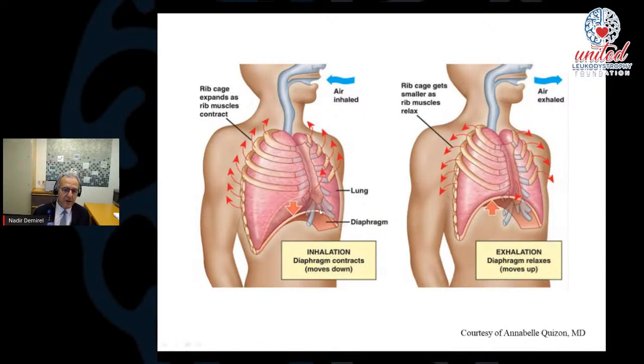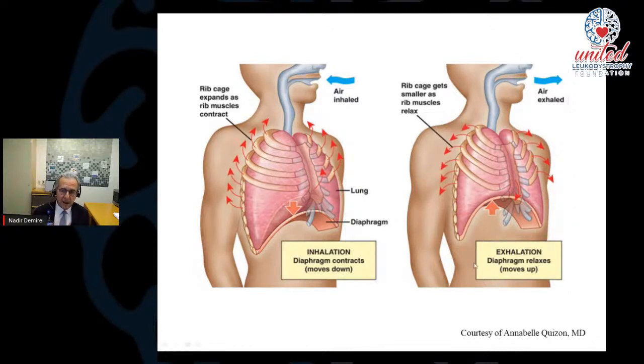So the diaphragm contracts, and normal situation is this, and when it contracts it goes down, and the chest wall is raised with the muscles between your ribs, and the volume of the chest increases, which sucks the air in. So this creates a negative pressure in the lungs that sucks the air in.